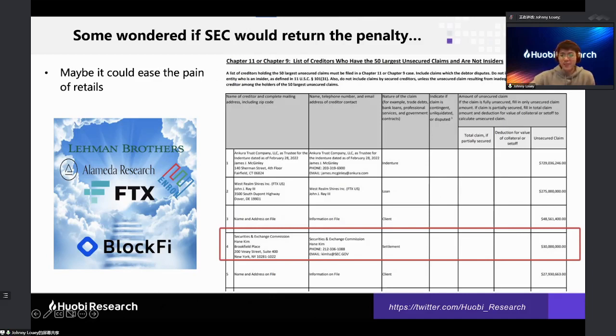I think this might help, but I don't think the SEC would like to do so, because the fine was paid, and what is done cannot be undone, it's actually a rule. And I feel very sorry for those who put their money on BlockFi. Another tragedy.